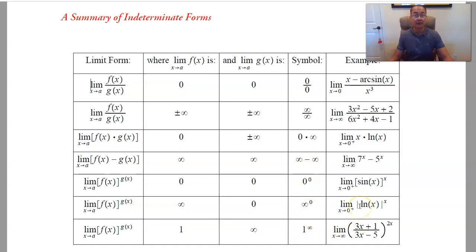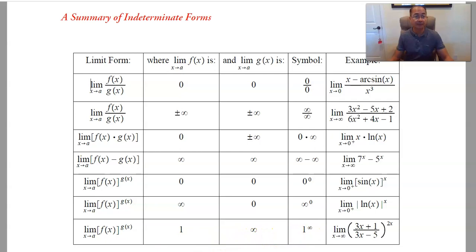Powers though, and that's what we have right now, 5n plus something over 5n minus something to the power n. The base is approaching 1, but the exponent is approaching infinity. So we have a 1 to the infinity form. Remember the process. Set that equal to y, take the logarithm of both sides, then try to apply L'Hopital's rule.